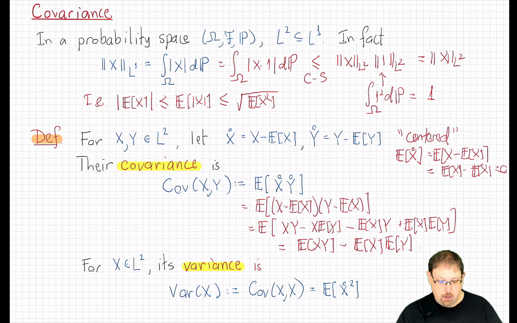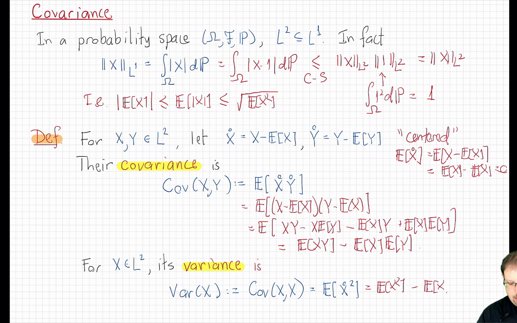We can also define variance. The variance of a random variable is just the covariance of it with itself, which is the same thing as the expected value of the square of its centered version. And following exactly the same calculation we did above, setting x equal to y, that gives us the expected value of x squared minus the expected value of x, quantity squared.